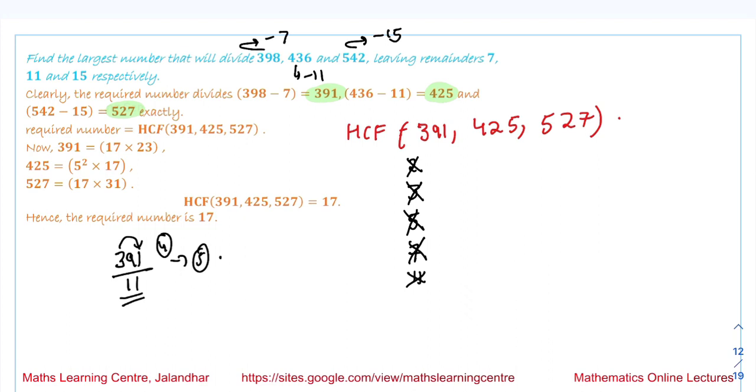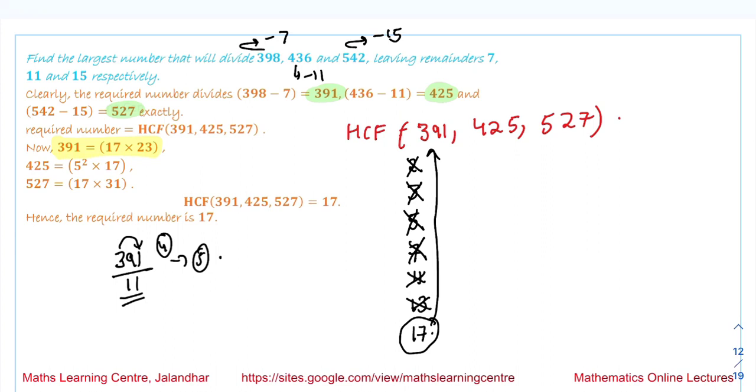Similarly, in the next step you will see that it is not divisible by 13. Then the next prime we have is 17, and you will find that it is divisible by 17, and the answer is 391 equals 17 into 23.